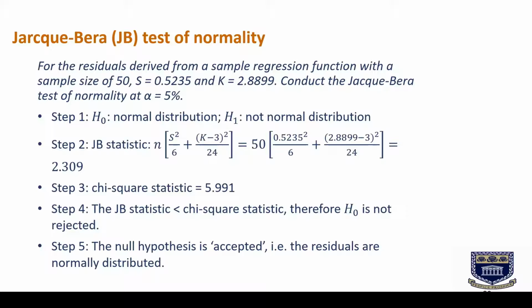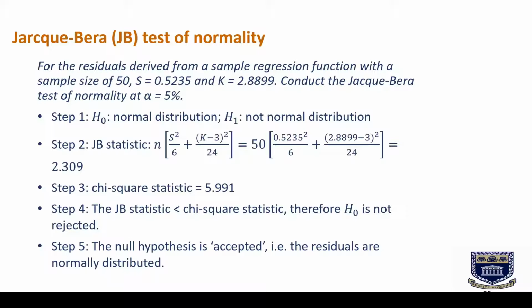So here we have an example which says that for the residuals derived from a sample regression function with a sample size of 50, we estimate skewness of 0.5235 and kurtosis of 2.8899. Conduct the JB test for normality at alpha equals 0.05 or 5%. Okay, step 1, we state the hypotheses. H0, residuals are normal.